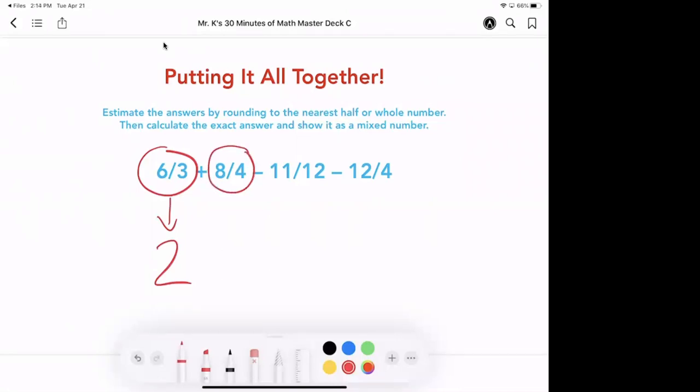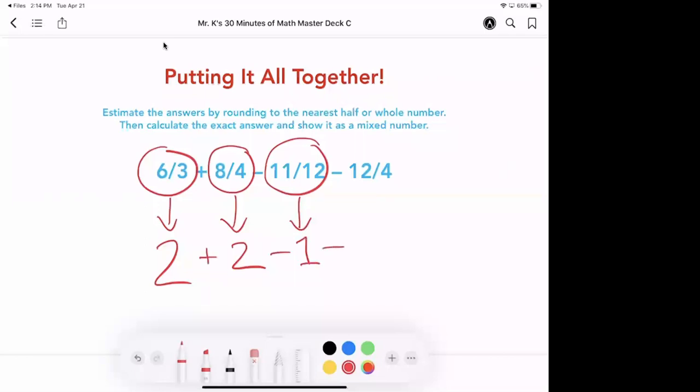All right. 8/4. Similar, 4/4 and 4/4. So we have 2 more wholes. All right, let's put that down. Then 11/12. That's really close to 12/12, which would be 1.